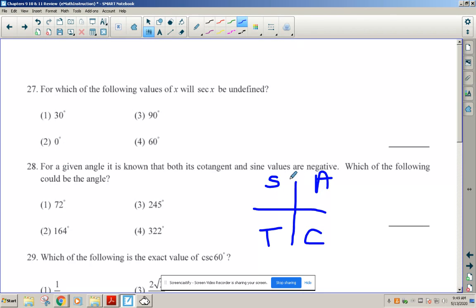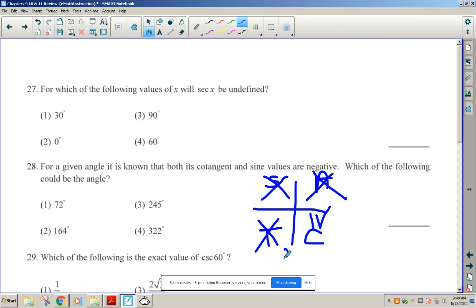I can't be here because everybody's positive. And sine is negative, so I can't be here. Cotangent is negative. I can't be here. So that means I have to be a quadrant 4 angle.